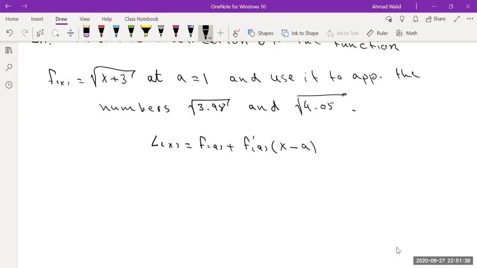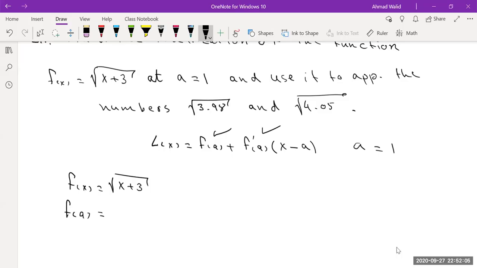That was the formula that I just gave you. Now look in this formula. You need f of a and you need f prime of a. A is given to you, a is equal to 1. And also f of x is given to you: f of x equals square root of x plus 3. First thing to do, I will find f of a.